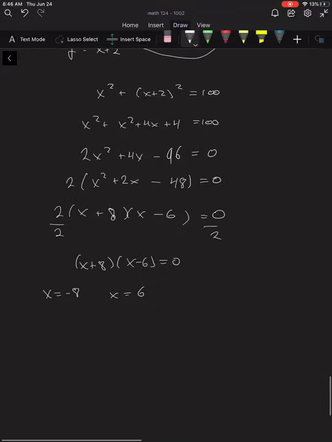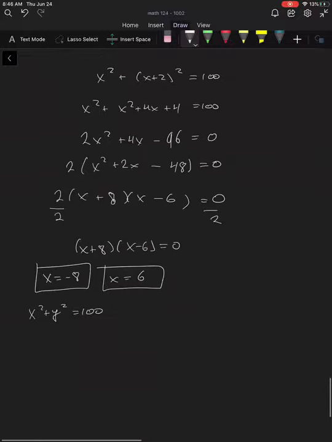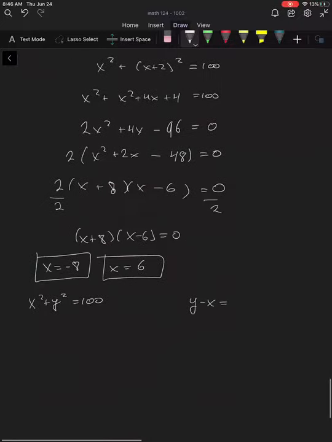So again, here's equation number 1. We have these 2 x values for now. What was equation number 1? We had x squared plus y squared is equal to 100. And what's equation number 2? It was y minus x is equal to 2.